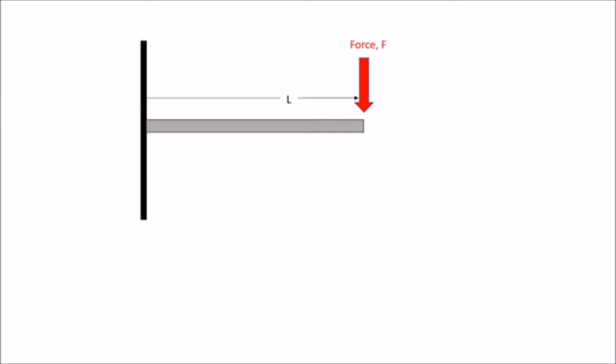So if we apply our force F at a distance L, we're going to create a clockwise moment on the beam. Now remember, this arrow could be faced this way or this way. And remember, in statics we don't want anything to move. Thereby we need to create a counterclockwise moment to cancel out this clockwise moment.